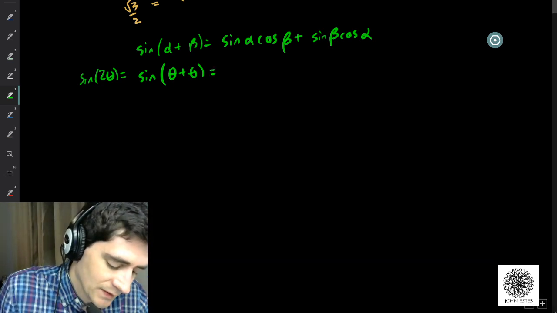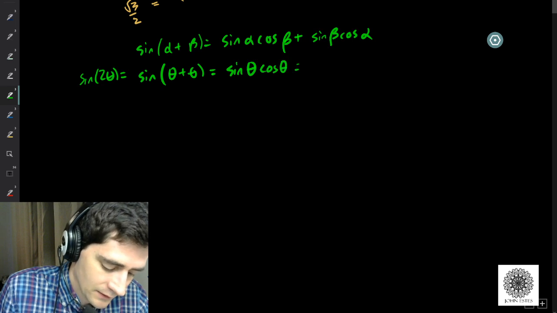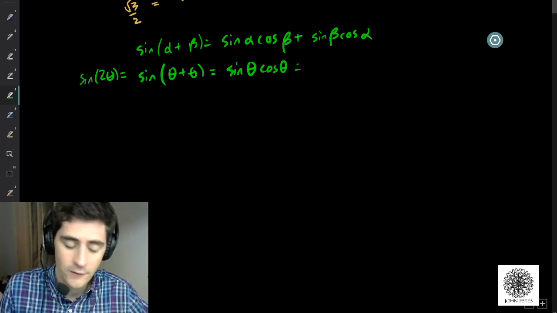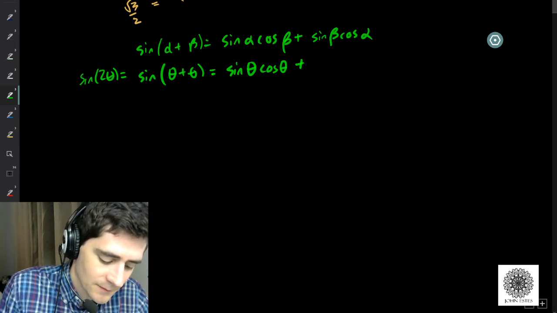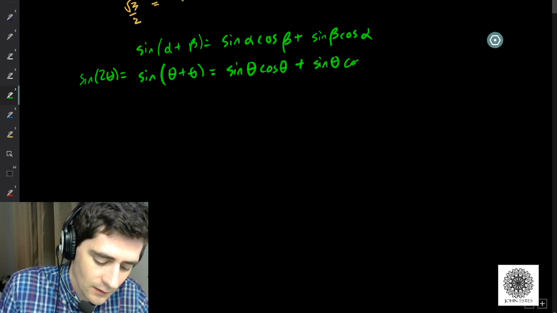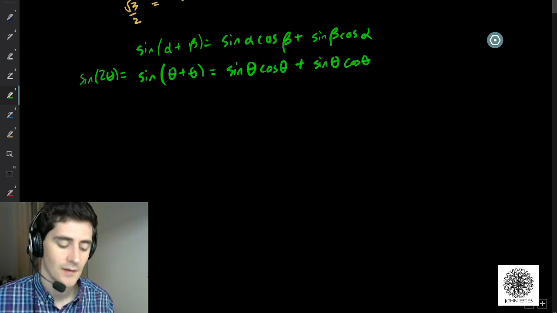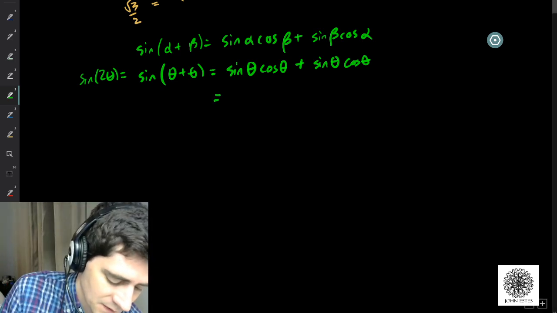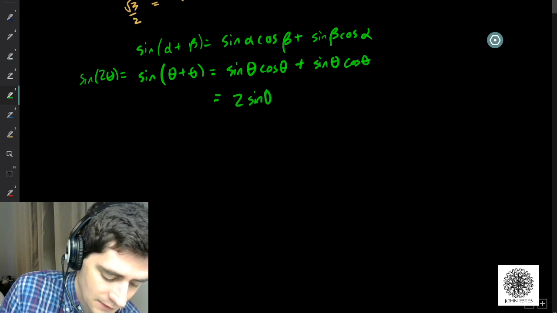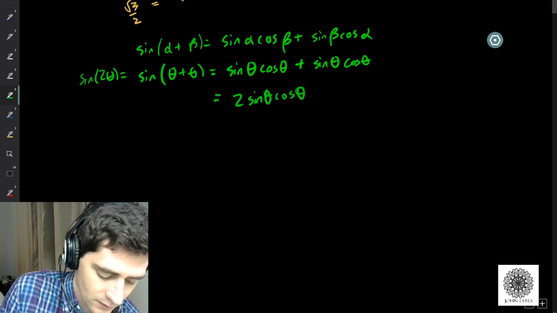So now if I plug that in, I get sine theta cosine theta, right? I get sine of the first angle, cosine of the second angle, not equals here, but plus sine of the second angle, which is theta, and cosine of the first angle, which is theta. Okay, so then I have the same thing twice, so that's 2 sine theta cosine theta.